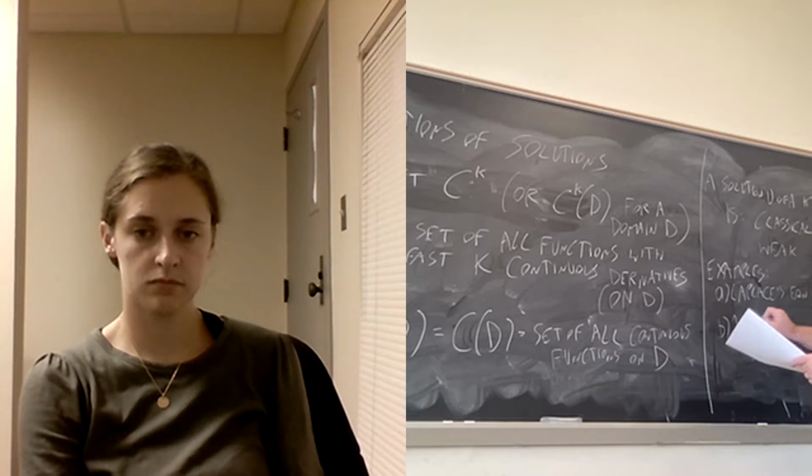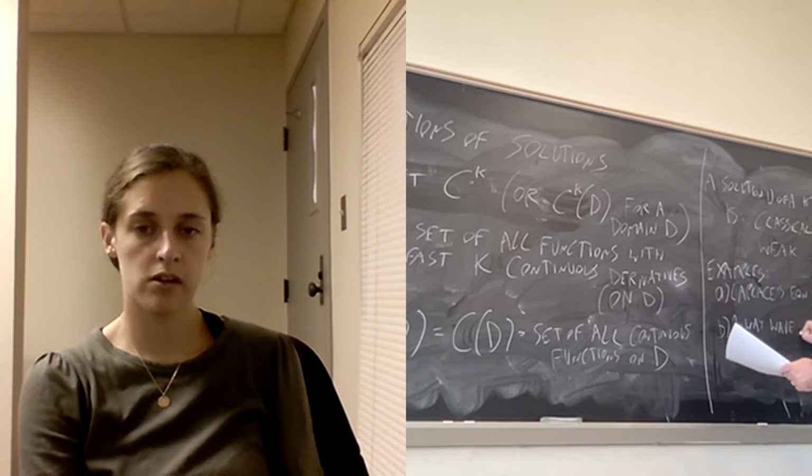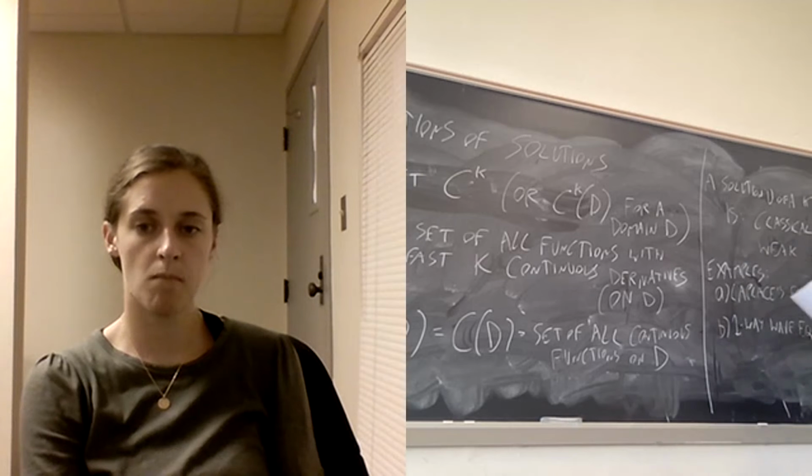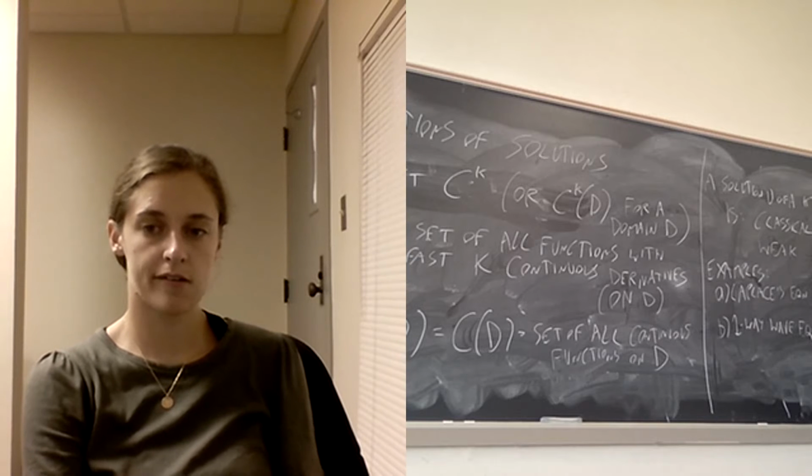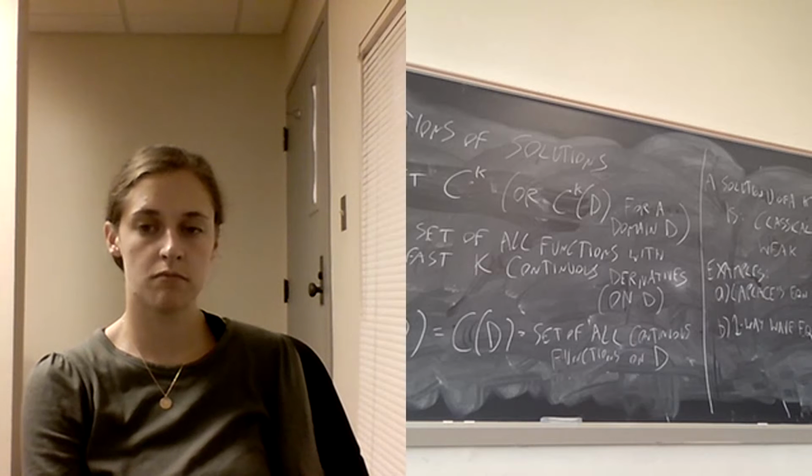The second example is the one-way wave equation, u_t plus u_x is equal to 0. The general solution to a one-way wave equation is just the initial data shifted. Let's assume that the initial condition is some given function u naught of x, and we'll assume it's C1.